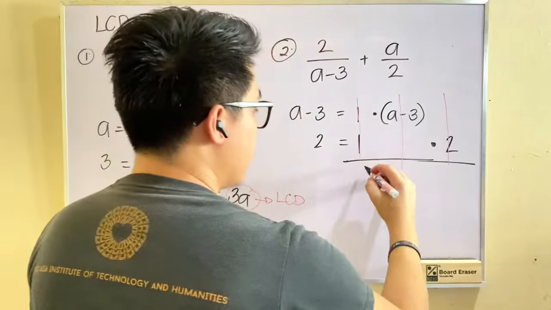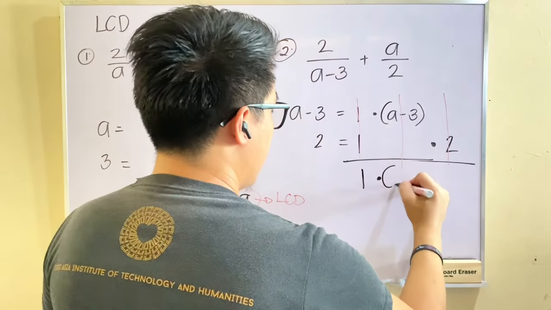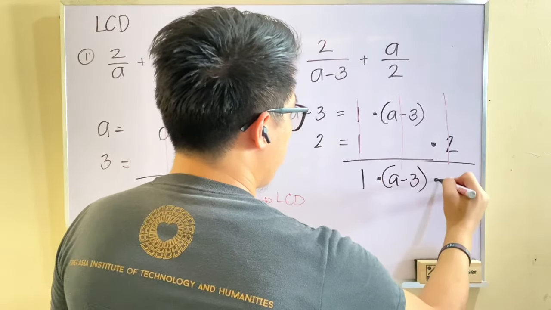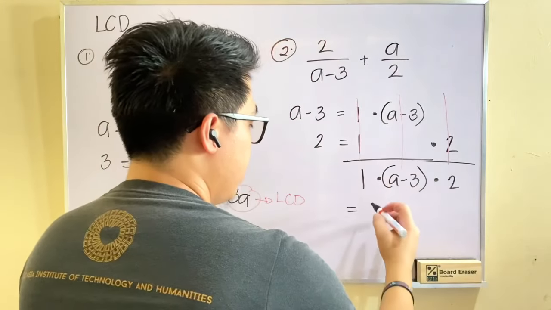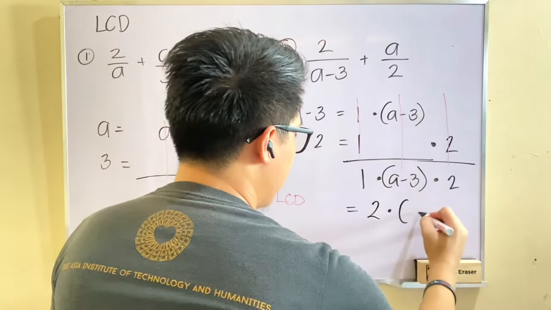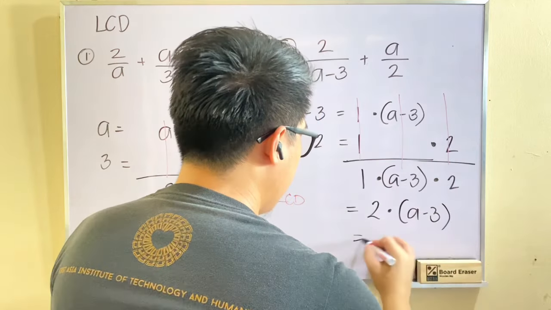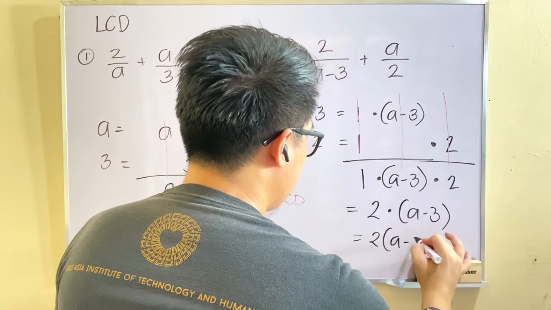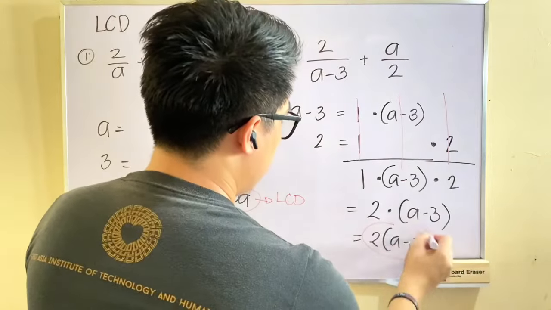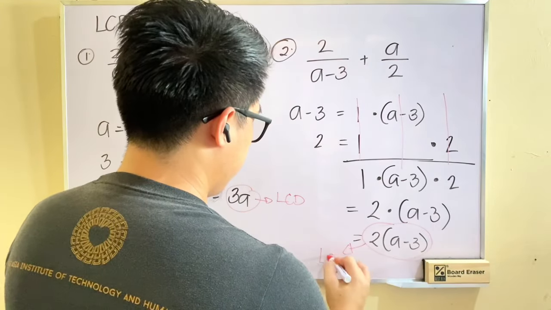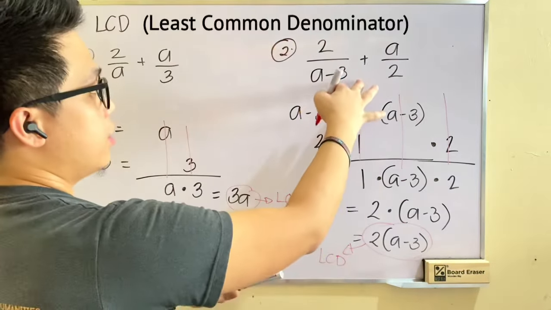Ang natitira is 1 times A minus 3 times 2. Or, mawawala si 1. So, 2 times A minus 3 or simply 2 times A minus 3. Siya na yung ating LCD. LCD for this equation.